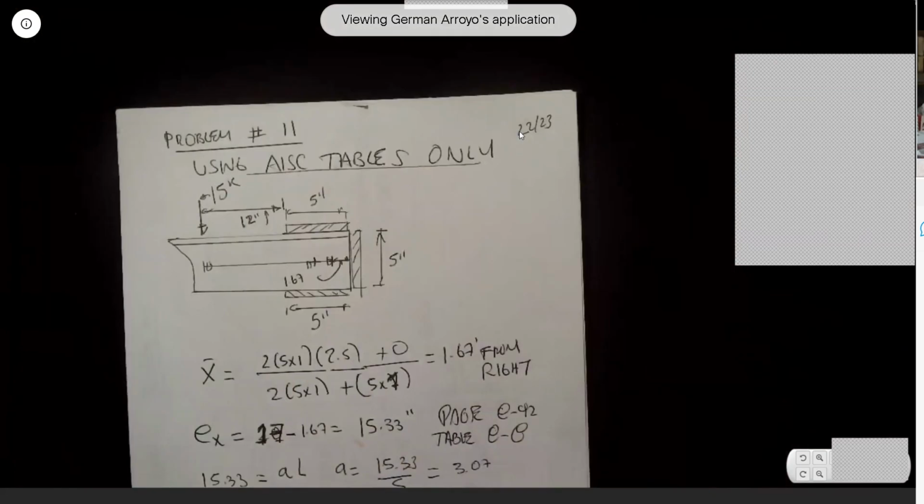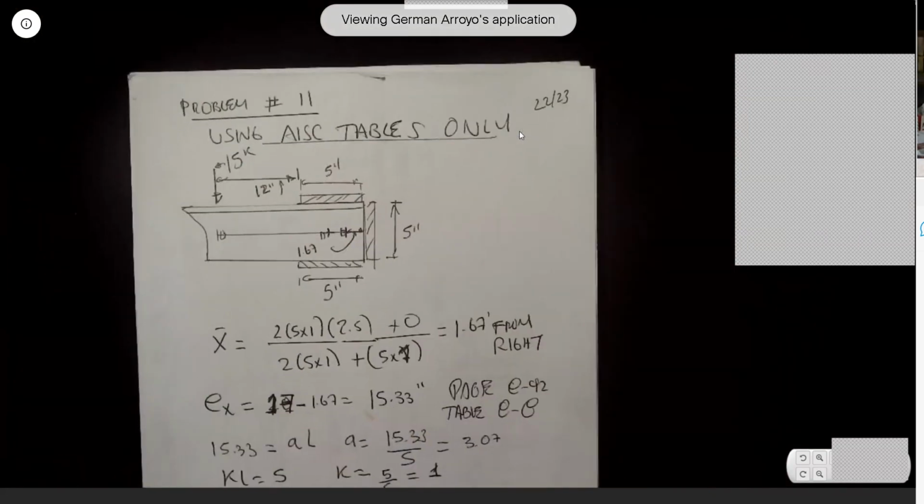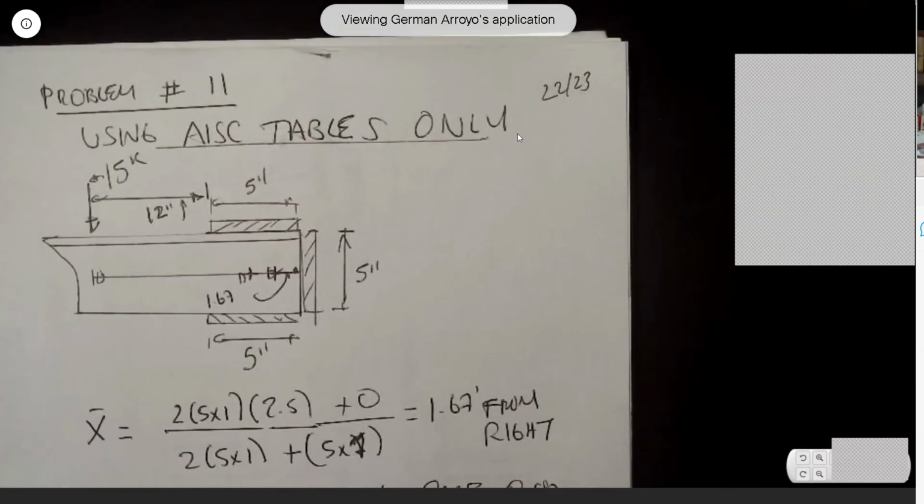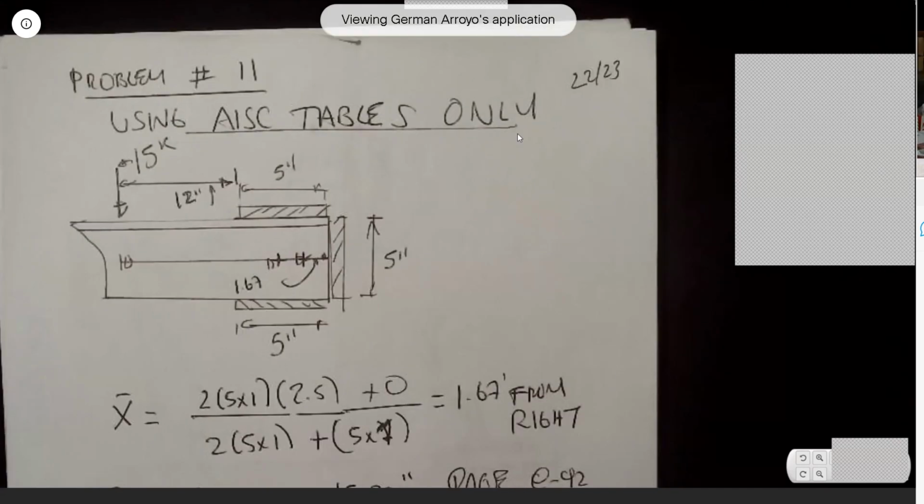Next page, page 22. So this dimension, the 12 is given, the 5 is given, 5 is given. And I had to find, we know where the centroid X is, I need to find the Y. And in this case, I'm using the right side as my reference.